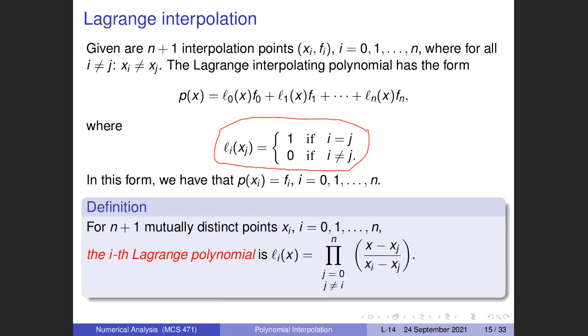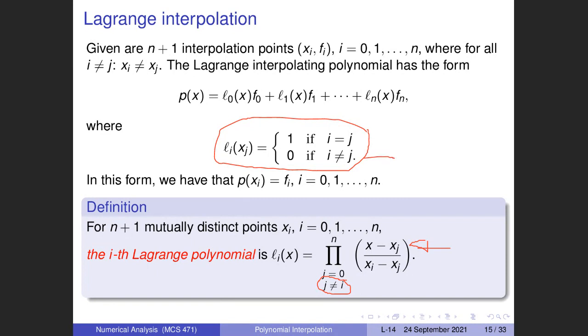So they are polynomials of degree n, and you make all the differences. In the numerator, you make all the differences of x with all the other interpolation points. In this loop, you exclude the ith point. So the numerator implies that at all the other interpolation points, the ith Lagrange polynomial will vanish.